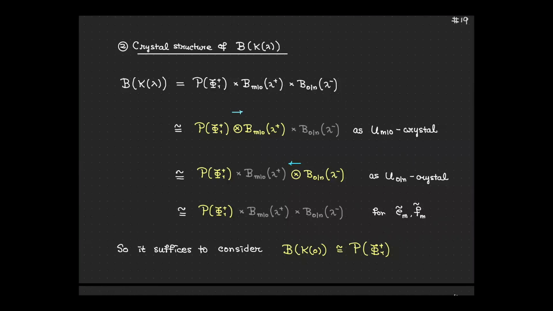When we want to understand it as a GL_m crystal, we consider the first two factors and the tensor product. For the case of GL_n crystal, we consider the tensor product of the other two factors, those two factors in yellow, with the reverse tensor product, and also for the odd ones.